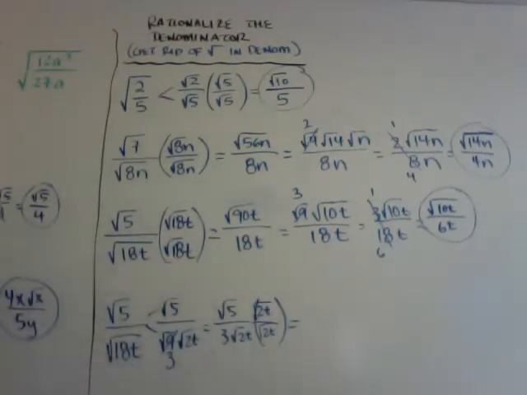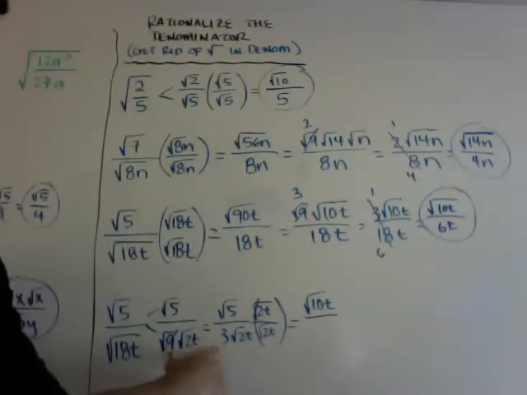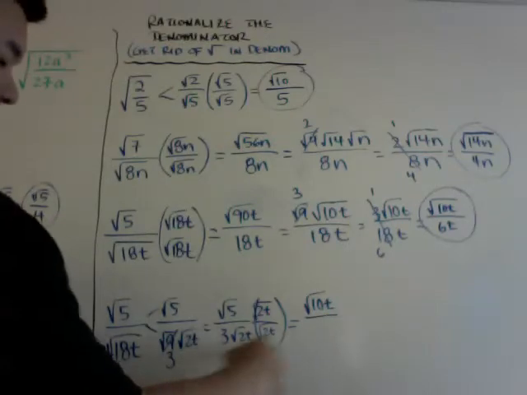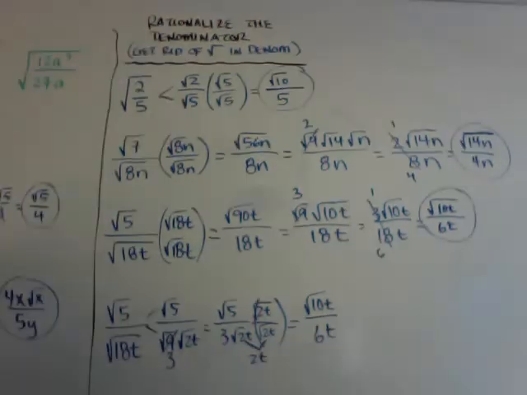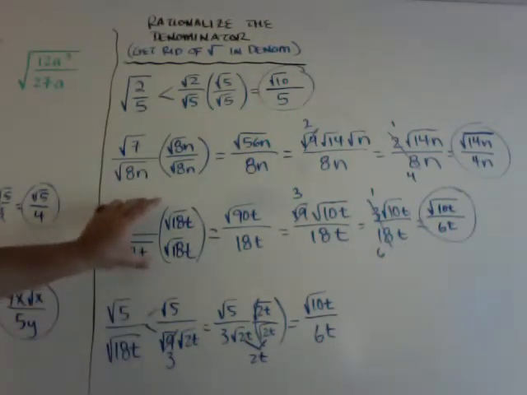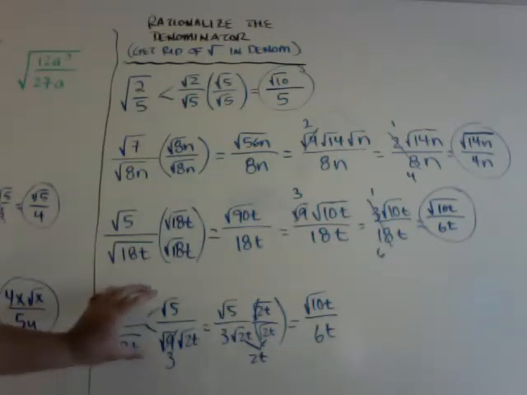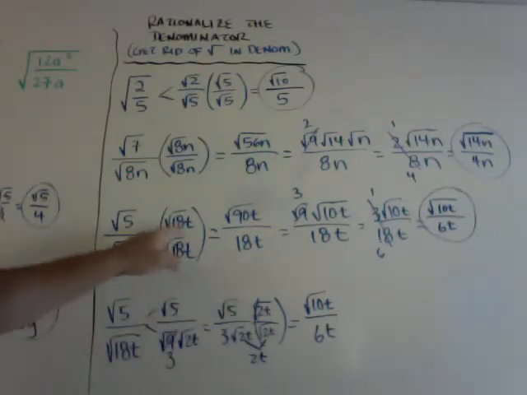I could just do the radical part. And then I would get radical 10t over 3 times 2t, which is 6t. Okay, if that confused you, then stick with the long way and multiply the whole thing. This is just a shortcut way of simplifying the denominator first to 3 times radical 2t. And that way you only multiply by radical 2t instead of by radical 18t.